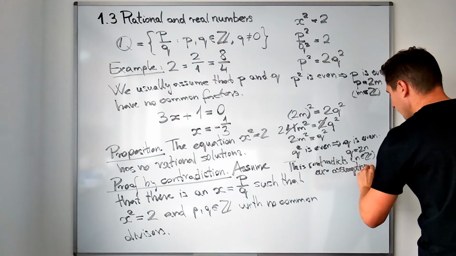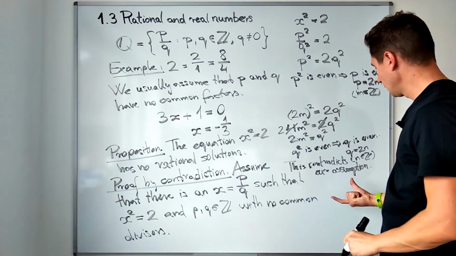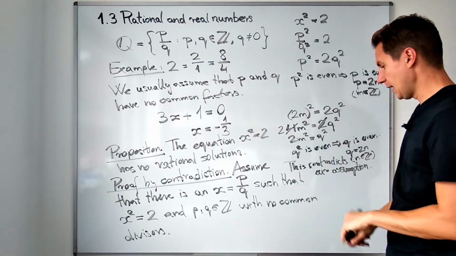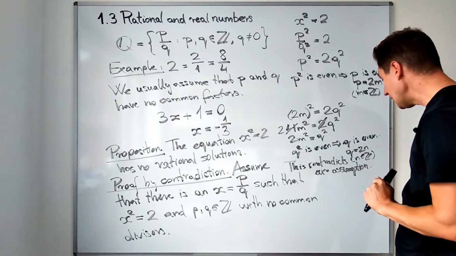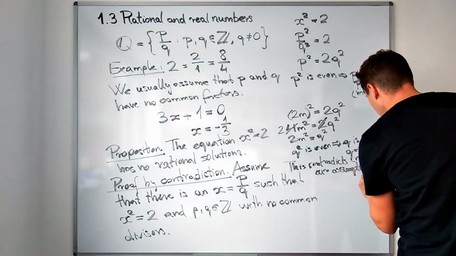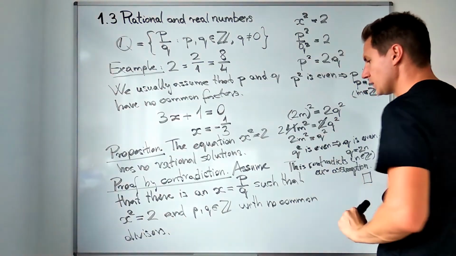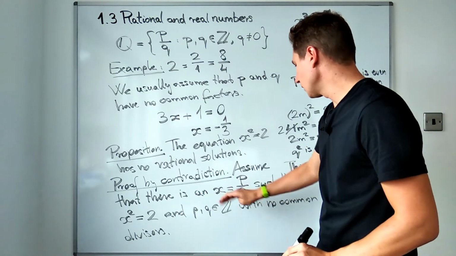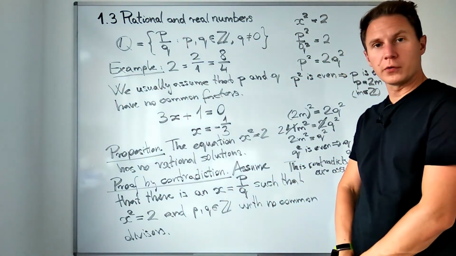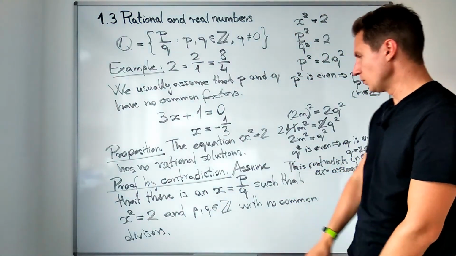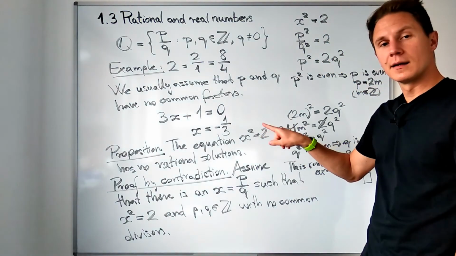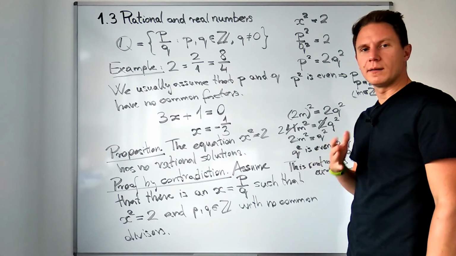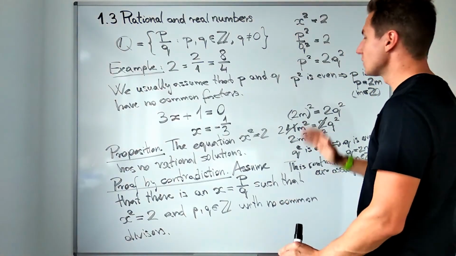We have arrived at a contradiction by finding that p and q have a common divisor. They are both even. So our original assumption of saying that there is a rational solution must be false. So there is no rational solution to this equation, meaning that this number, which would square to 2, must be not rational. This is an irrational number.